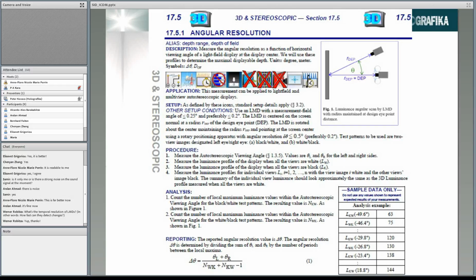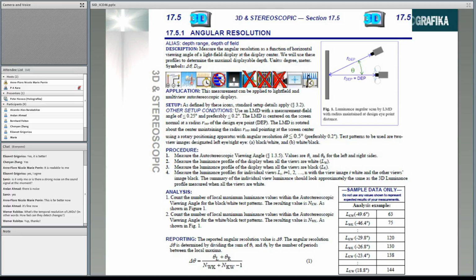So this is a metric that you can use for multi-view auto-stereoscopic displays, as well as parallax barrier displays, as well as light field and holographic displays, and then you can do a fair comparison of the smoothness of the change that you can see when observing motion parallax. So here again the measurement is actually pretty simple.